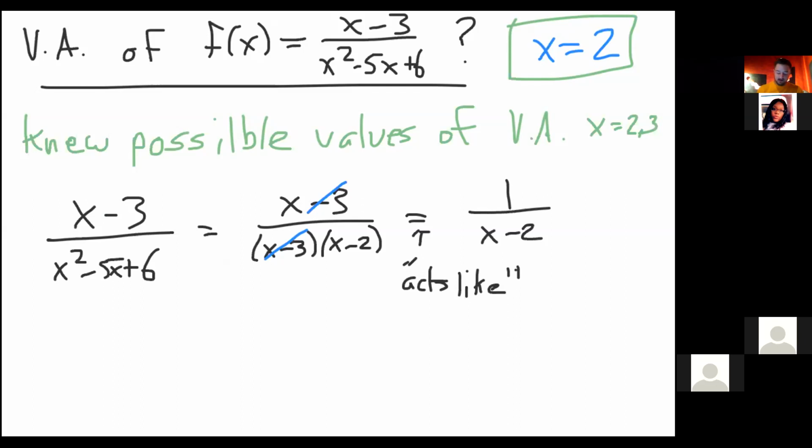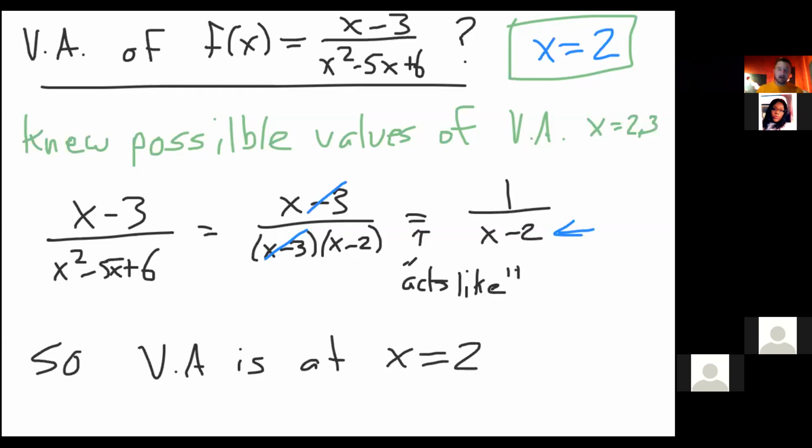Which means as x gets closer and closer to 2, I'm going to have a 0 in the denominator and nothing balancing it out in the numerator. So my vertical asymptote is at x equals 2. And that's why in the video she said factor, reduce, and then spot where your denominator is equal to 0 after that.